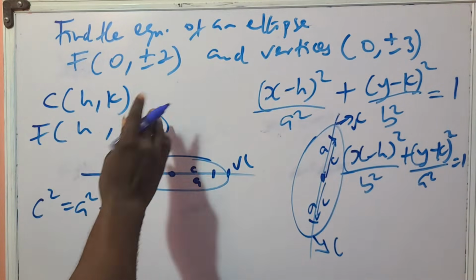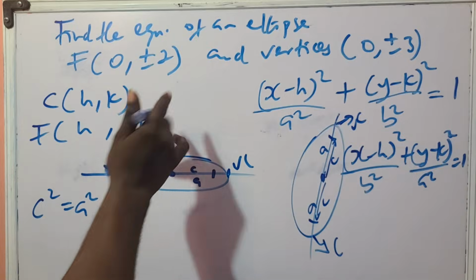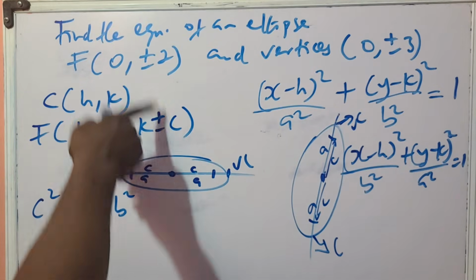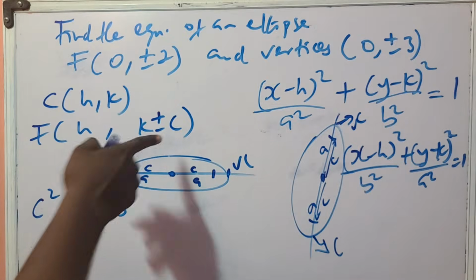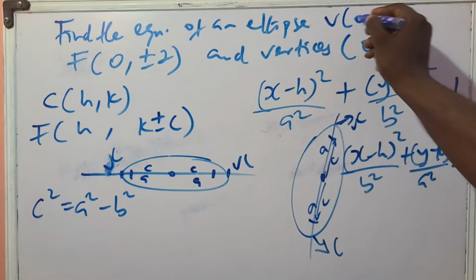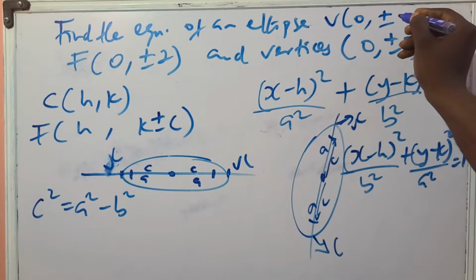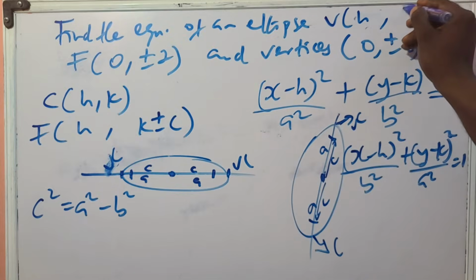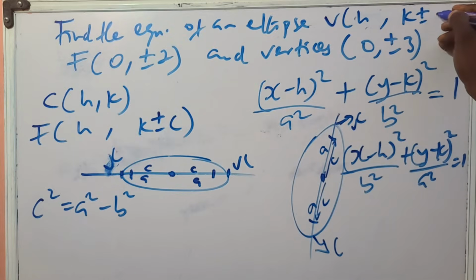And on your foci now, you added and subtracted C from this side. That means you added or subtracted C from this. Whereas from your vertex, I can see already that I added and subtracted, let me just say HK as the fundamental, which I remember explaining to you also, I added and subtracted A. All right.